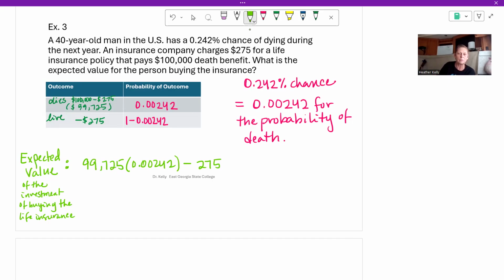That one's a positive. Times 1 minus 0.00242. When you crank that in your calculator, we get a straight, beautiful negative 33.